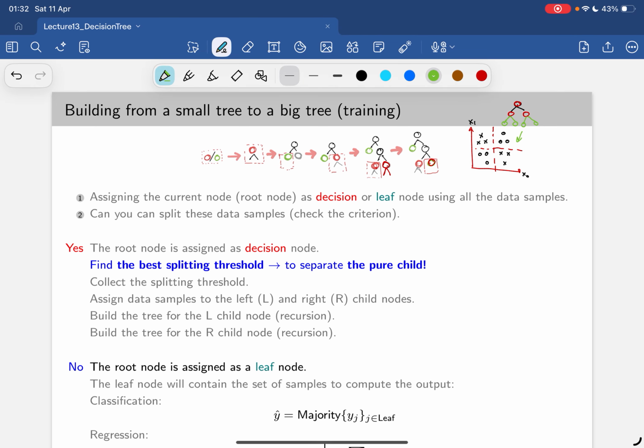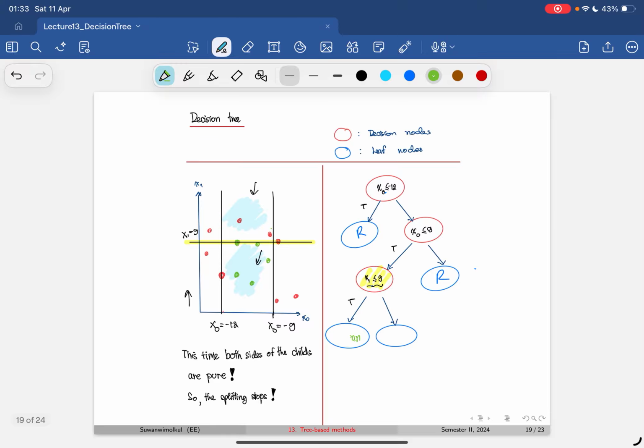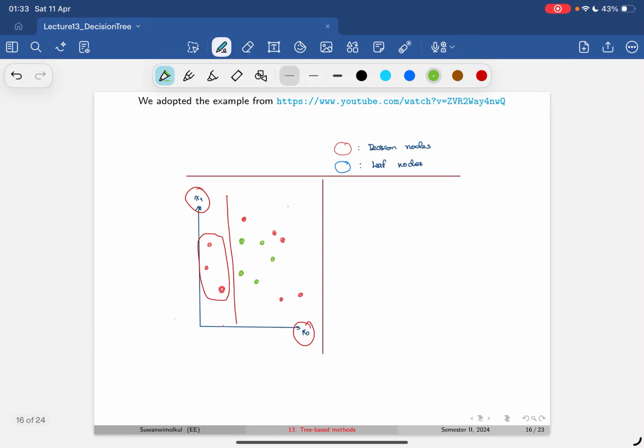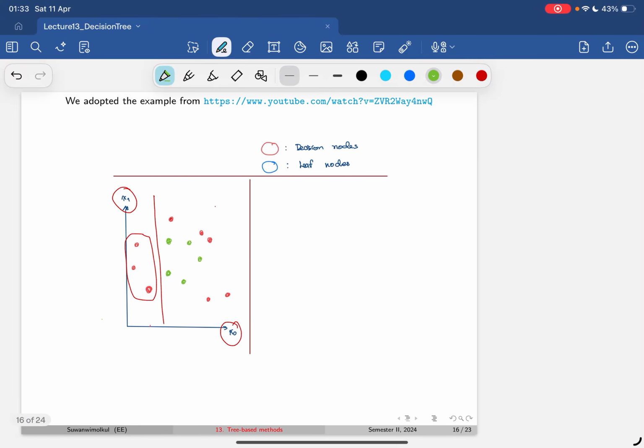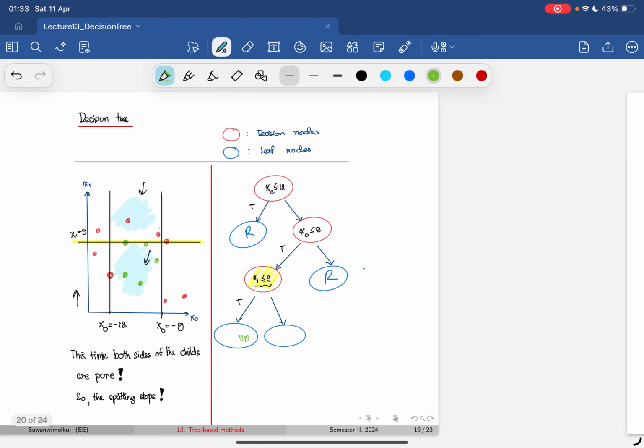So I hope that at the end of this lecture you will be able to grasp the idea. But okay, I actually will have one question in the final exam asking you to do something like this, like to do the decision tree splitting. And so this is quite important.